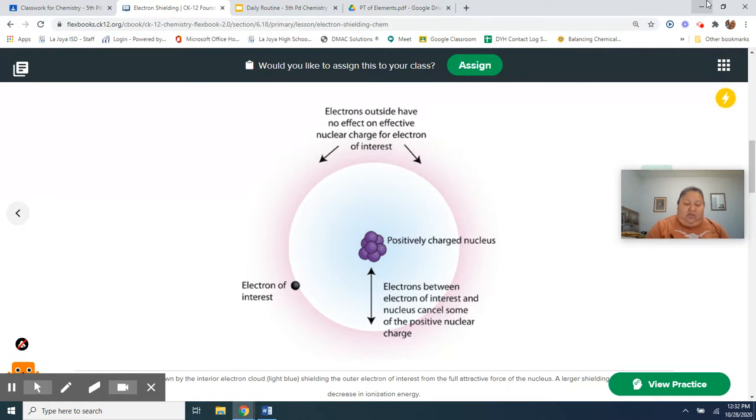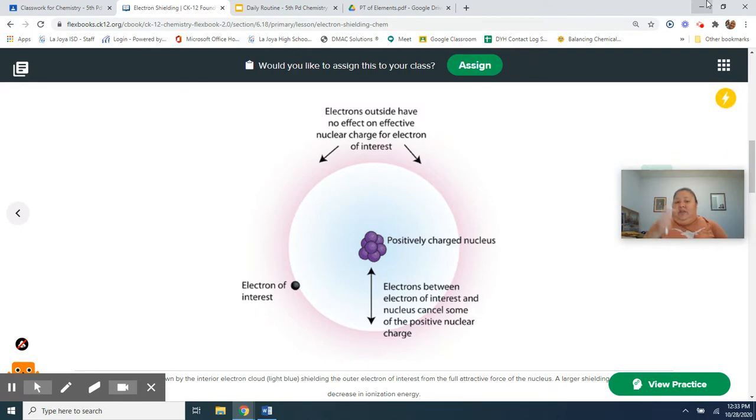So here in the nucleus, you have a bunch of positive protons. Okay, so I'm just going to put a bunch of pluses. Then around that nucleus, you have orbitals. Orbitals have electrons floating around and doing their thing. Then you have your outer electrons.